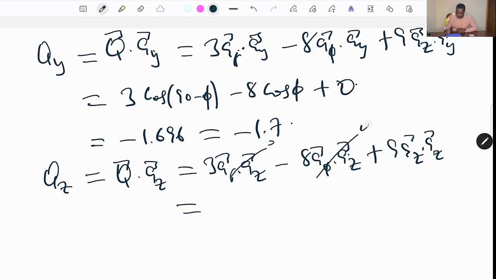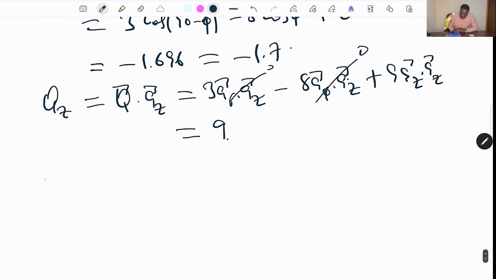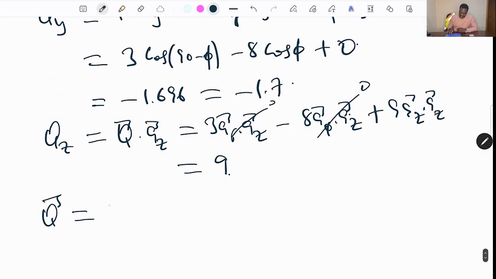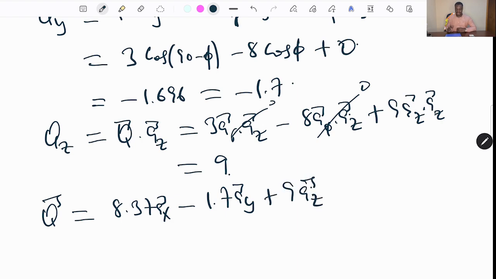This one too, again 0. Then a unit vector dotted with itself gives 1, so here will just be 9. So our vector, expressed in Cartesian, will be 8.37 along the x-axis minus 1.7 along the y-axis plus 9 along the z-axis.